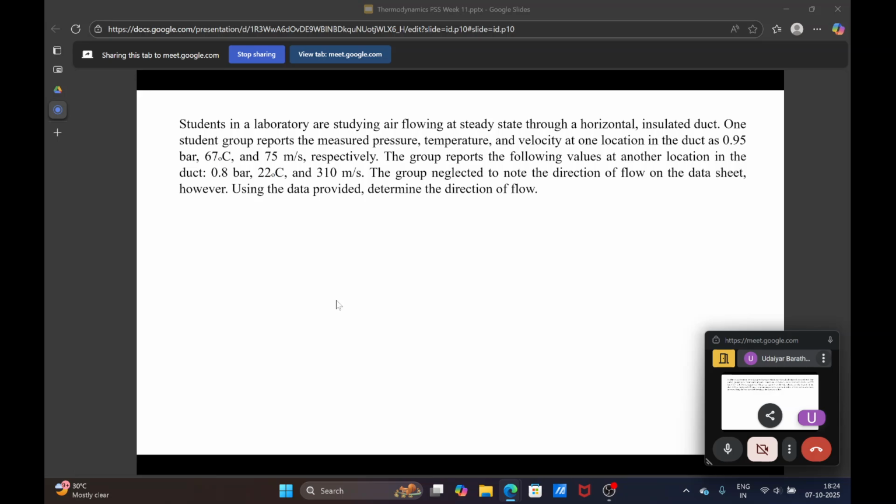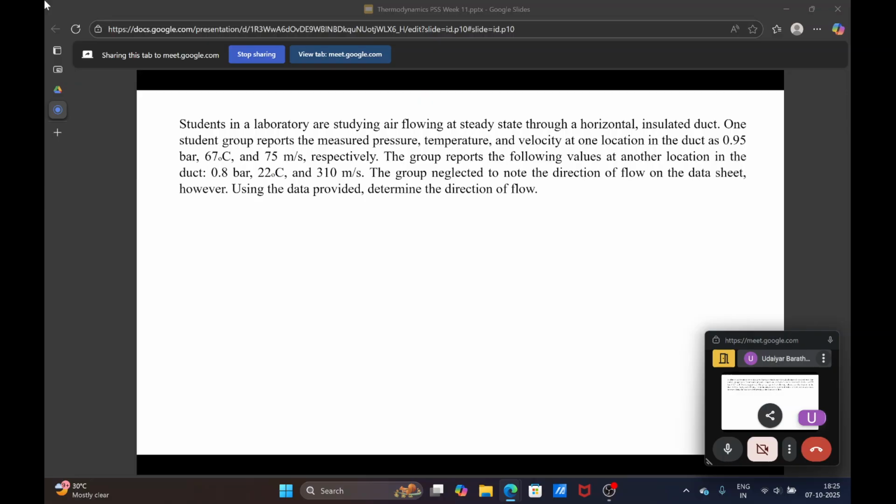So next question, we have students in a laboratory studying air flowing at steady state through a horizontal insulated duct. One student group reports the measured pressure, temperature and velocity at one location in the duct as 0.95 bar, 67 degrees Celsius and 75 meters per second respectively.